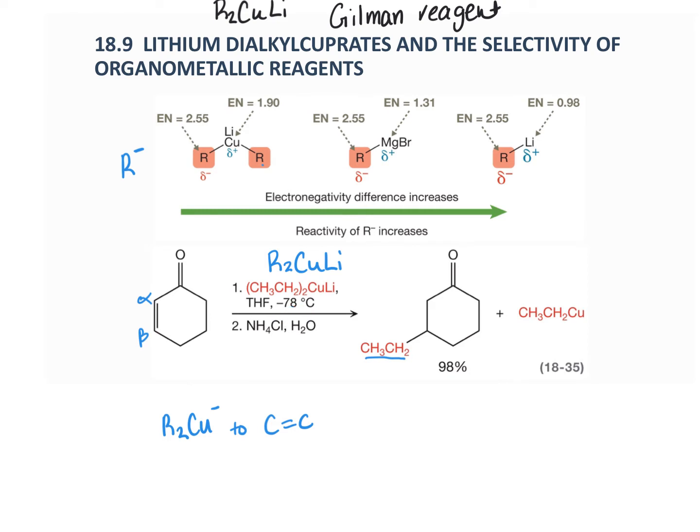Not all of them are done like this. But if you see conditions like this, what this means is they've placed a round bottom flask in a dry ice acetone bath, and that's to get to that -78. Then THF here is just the solvent. And you will also notice here that we have an acid workup step, so just be aware of that.